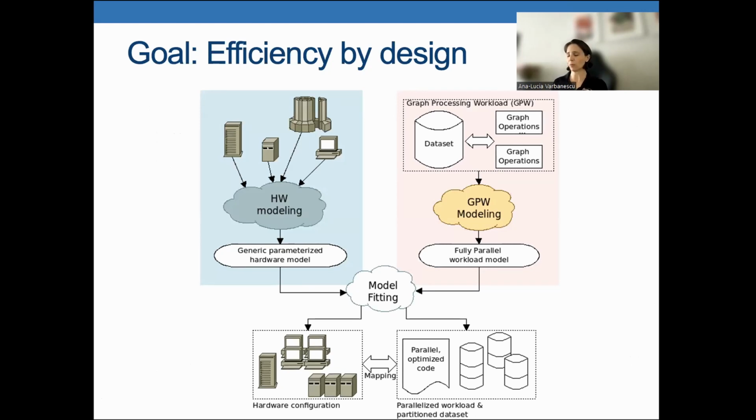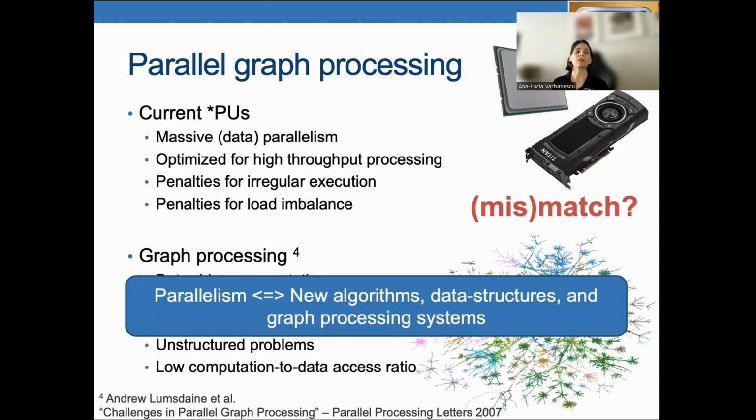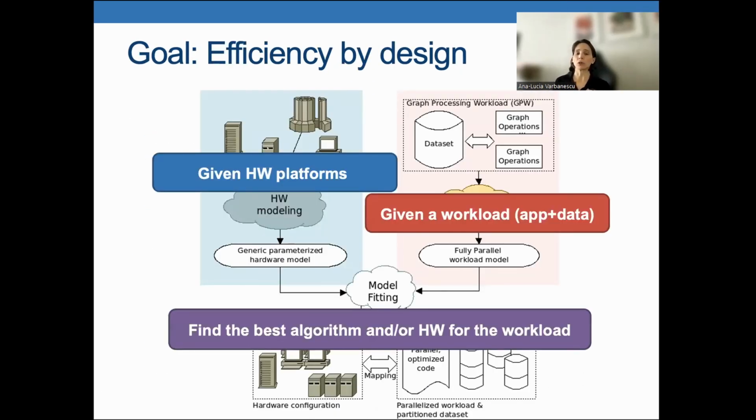Now, we looked at this problem a while back, and we tried to put this in a nice framework. And the idea at the time, and by now it's really almost 10 years, was, well, let us do a very nice modeling-based approach in which we try to model the hardware, model the workload, so the application, the algorithm itself, and the data set.